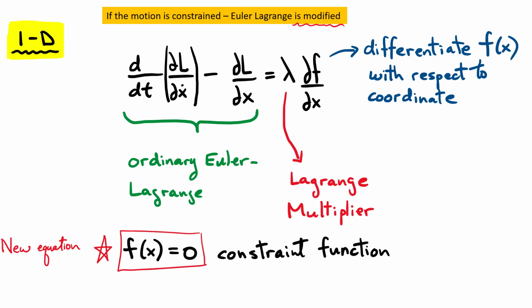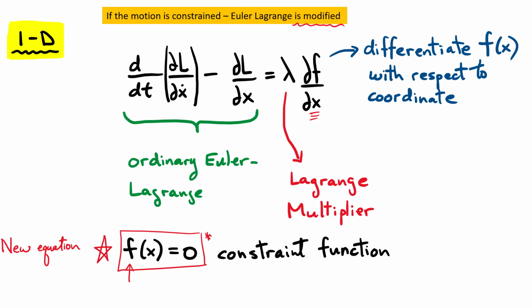And once you do that, you add another term on the right-hand side of this Euler-Lagrange equation. The extra term is simply the derivative of this function with respect to any spatial coordinate that you might have in that function. There's also this important term right here, called a Lagrange multiplier in this case. What it does is introduce a new unknown to the problem, but that's okay because you do have this extra equation, and you end up solving a slightly more complicated system of equations in order to get the equations of motion.